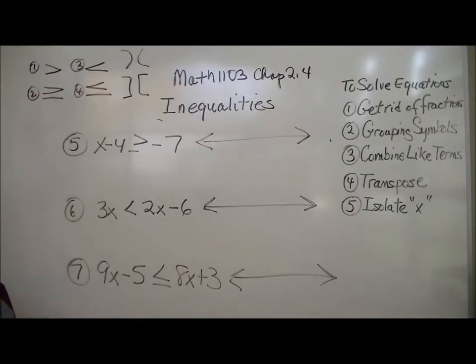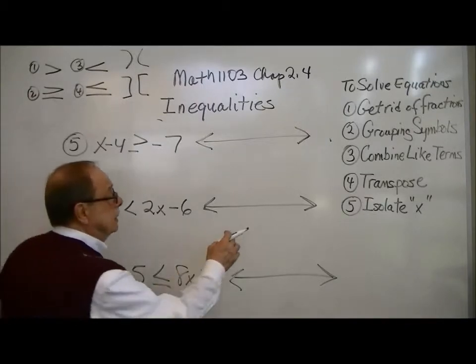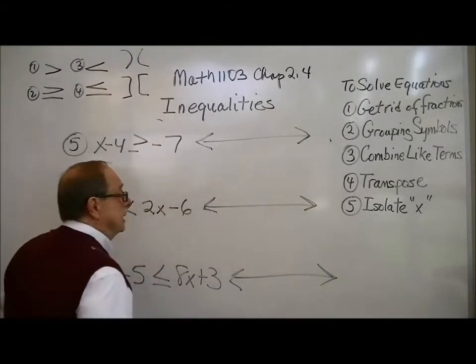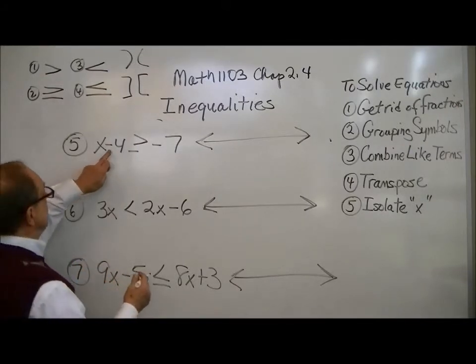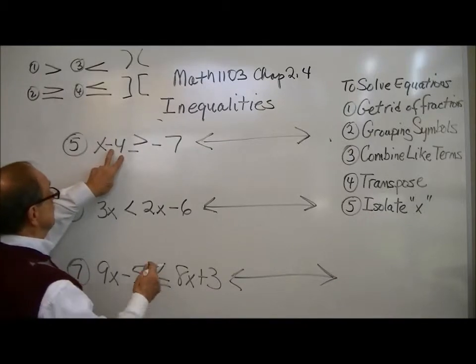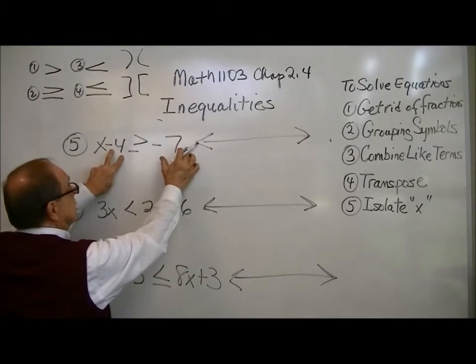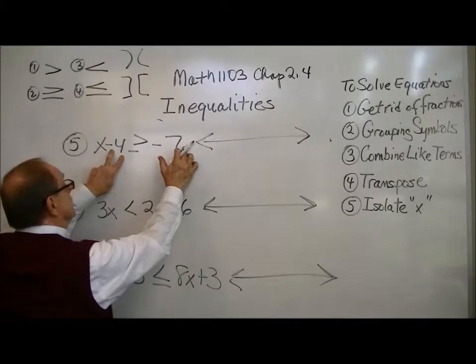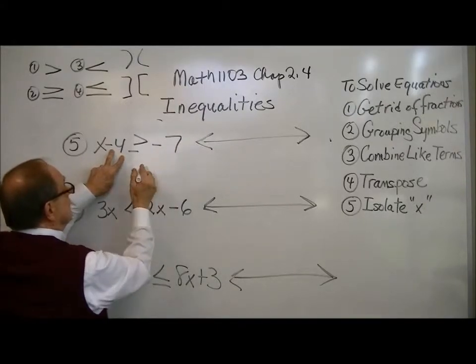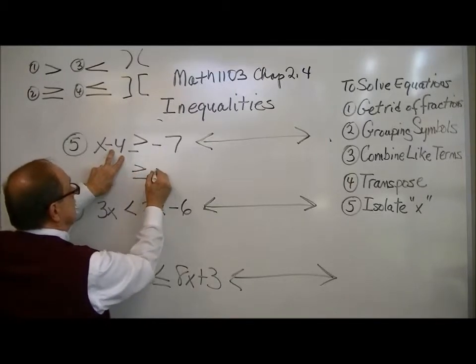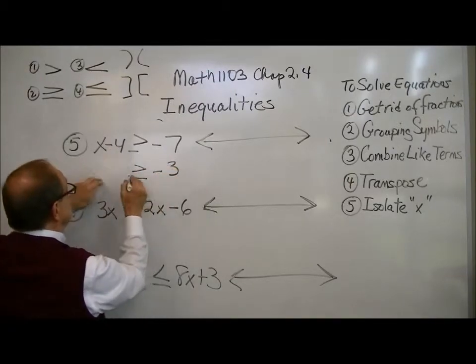And I particularly like to use this idea of transposing, getting a number from one side of the equation to the other side just by changing its sign. That's a shortcut. So here we're going to take a -4, bring it to this side, it becomes a +4. -7, +4 gives me a -3.